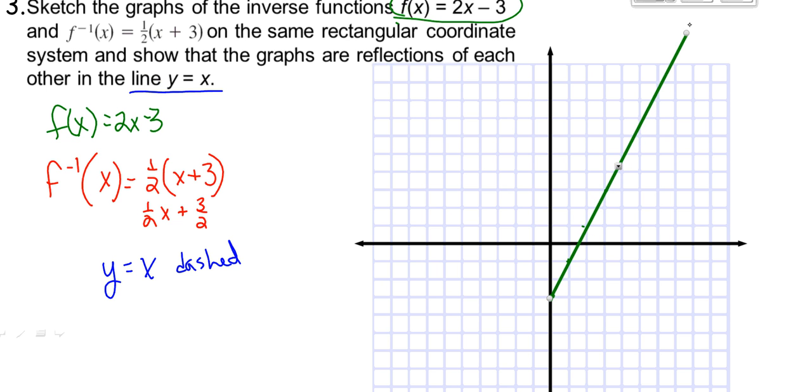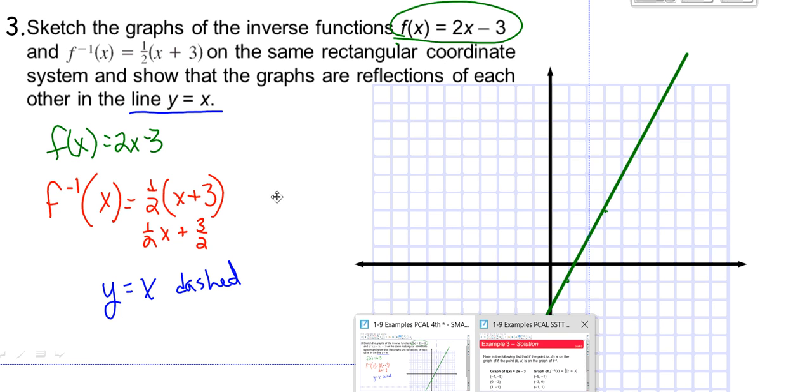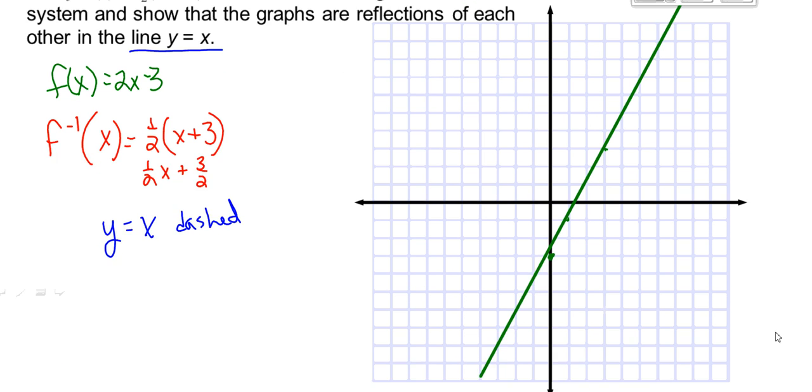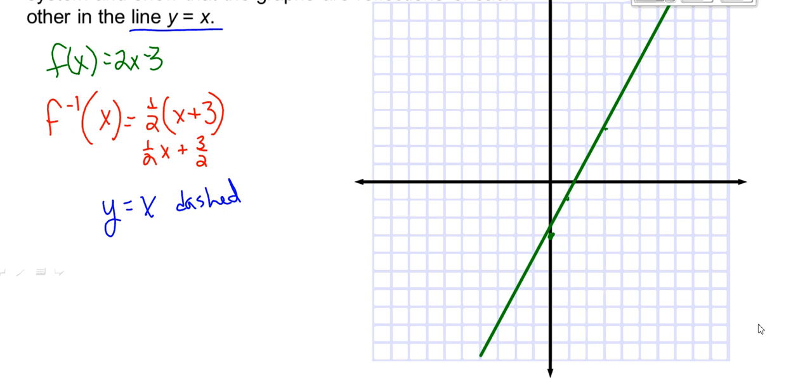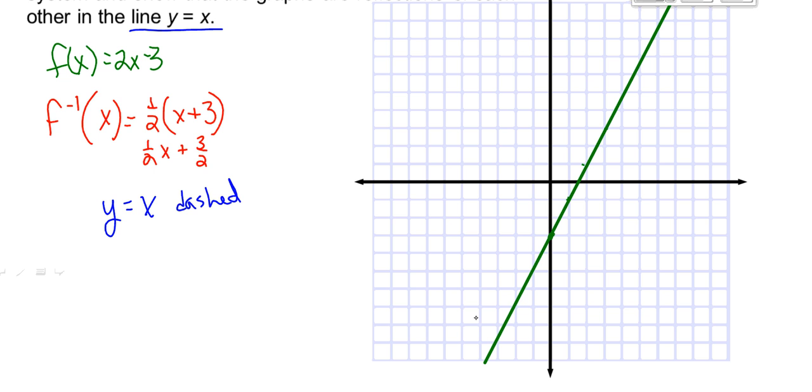There we go. That is the line y equals 2x minus 3.